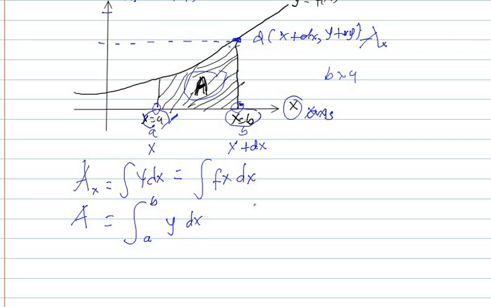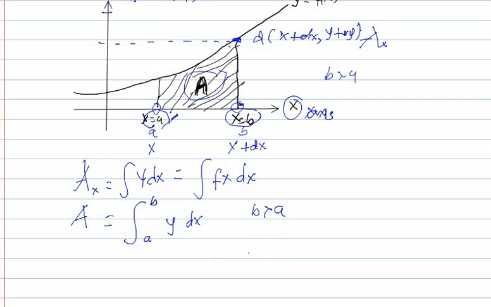You know that b must be greater than a. The numbers a and b are called the limits of the integral, as we know.